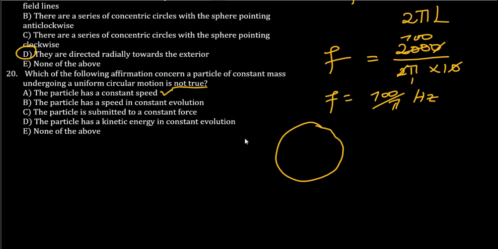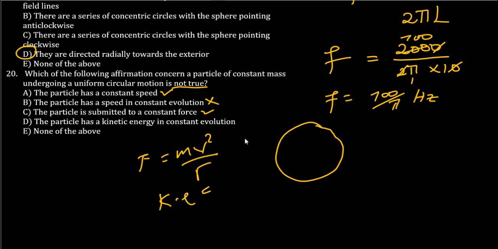So this is true. Next, the particle has a speed in constant evolution. No, it does not have a speed in constant evolution. So this is wrong. The particle is subjected to a constant force. F is equal to mv squared divided by r. The radius will not change, the mass does not change, and the speed is constant. So definitely it is subjected to a constant force. It's true. The particle has a kinetic energy in constant evolution.